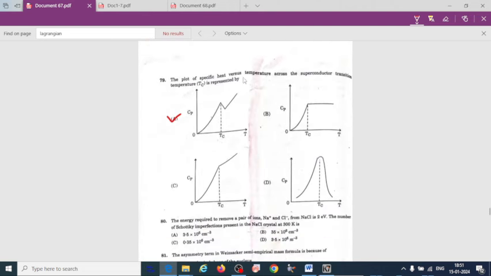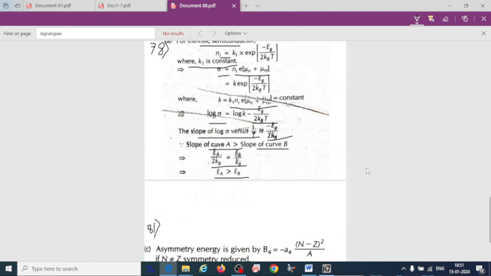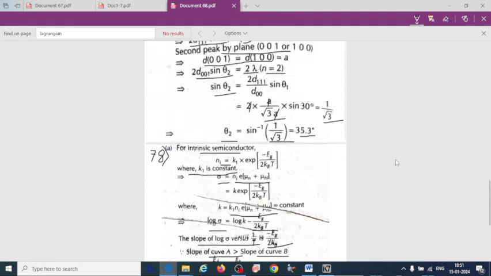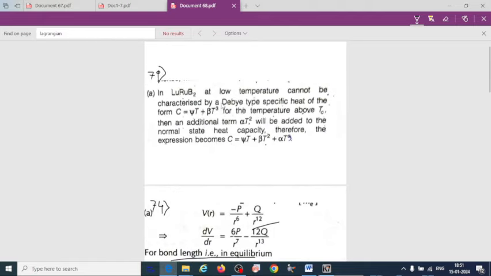The plot of specific heat versus temperature across the superconductor transition temperature is represented by which curve? So here, superconductors at low temperature cannot be characterized by the Debye type specific heat of the form psi T plus beta T cube for temperature above the transition temperature.